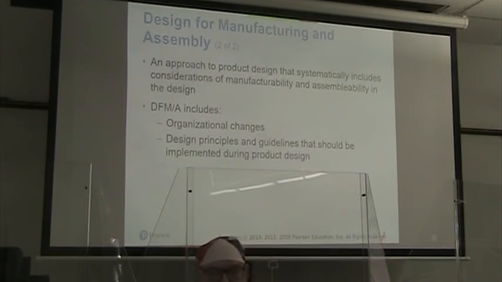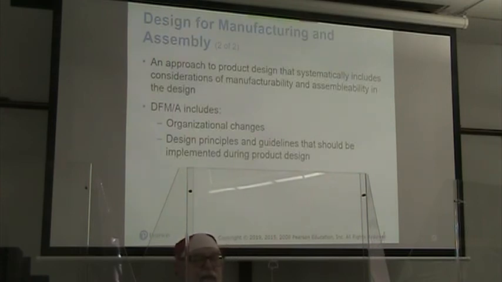All right, so our design for manufacturing and assembly means that when we design the product, we are considering how is it going to be manufactured and how is it going to be assembled in practice.